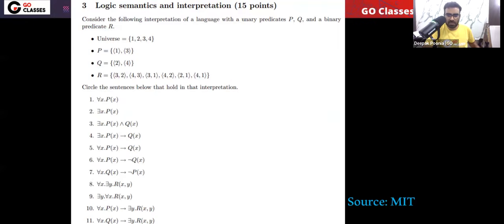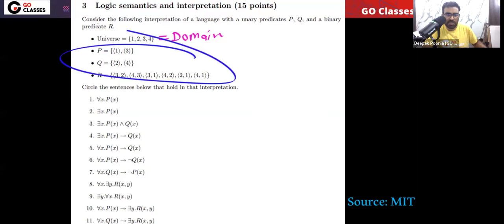Now let's see what this question is saying. This is very simple. Universe is 1 2 3 4, so this is the domain. Universe simply means domain, or I can say universe of discourse. Now notice one thing. What is the meaning of p equal to 1, 3 and q equal to 2, 4 and r equal to this set?